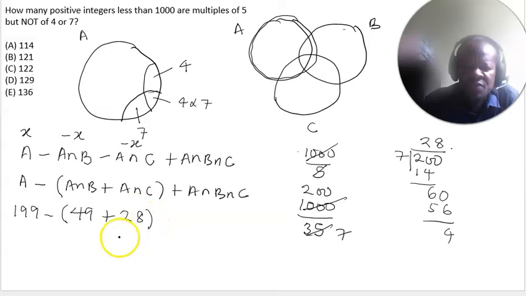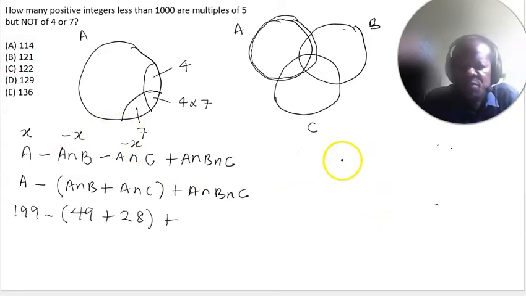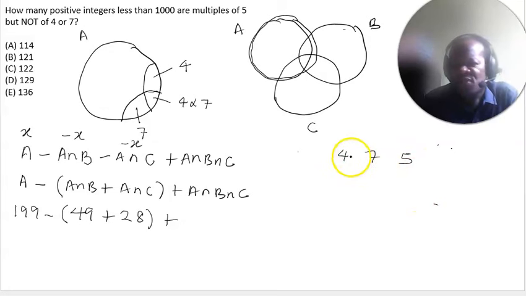That is many. So we come here. Once again, erase this part. So we are now looking at the multiples of 4, 7, 5. The first step is to find the LCM of 4, 7, 5.